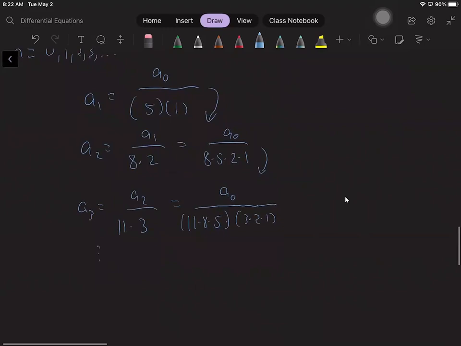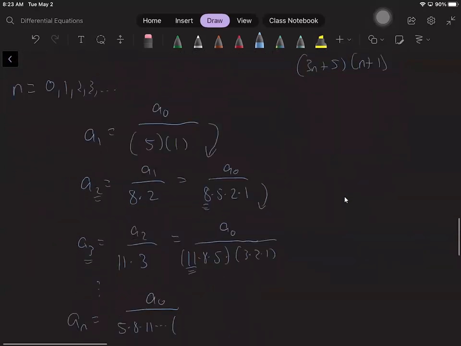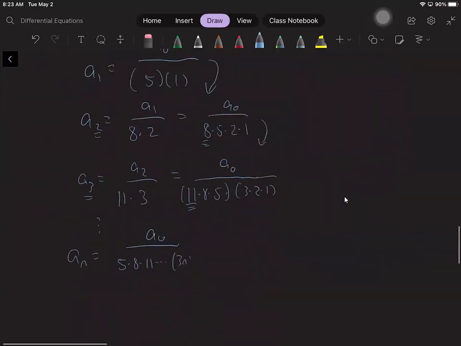So in general, the an term is going to look like a0 over: you start counting at 5, then 8, then 11, based on this thing up here, 3n + 2.